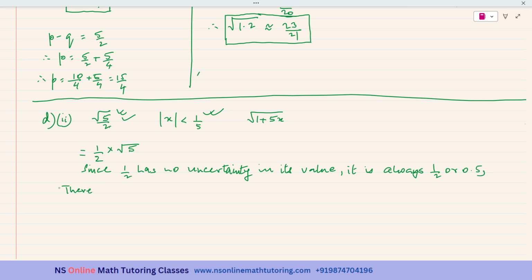Therefore, we take only square root of 5, which is an irrational number.